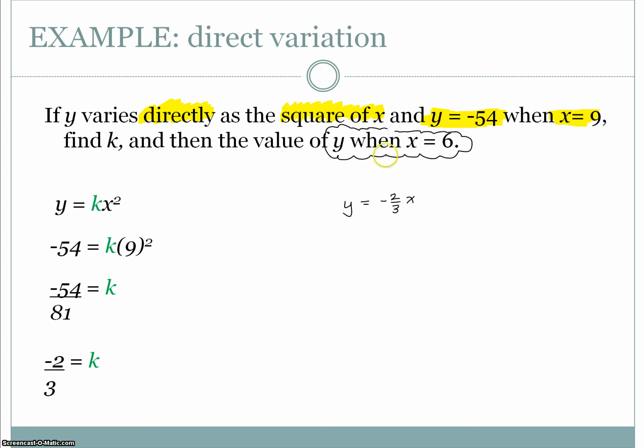And that is find the value of y when x equals 6. So I have the equation y equals negative 2/3 times 6. And when I solve this, 3 goes into 3 and gives me 1. 3 goes into 6 and gives me 2. And I end up with y equals negative 4.